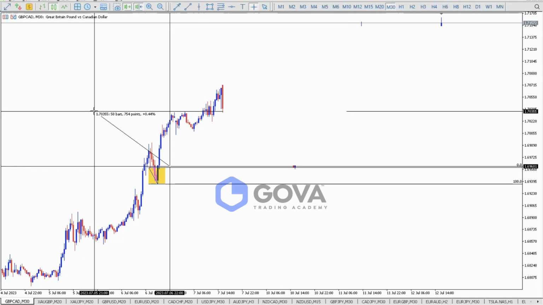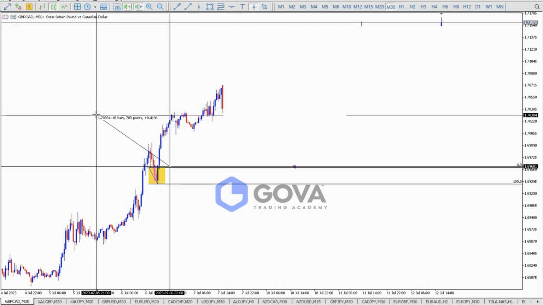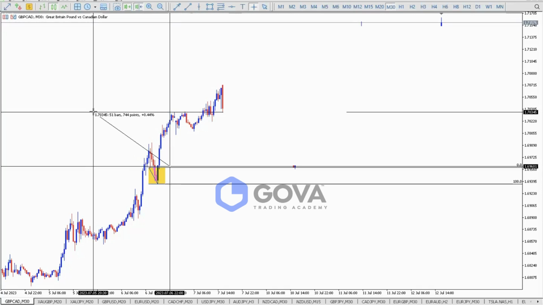What about this? This is 754 points. The last number here is 4, which means this is 75 pips. So this area is having 744 points. So in pips, this is going to be 74 pips.